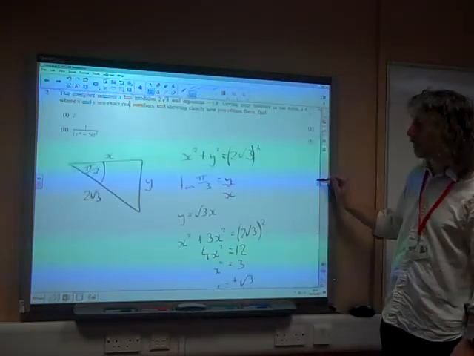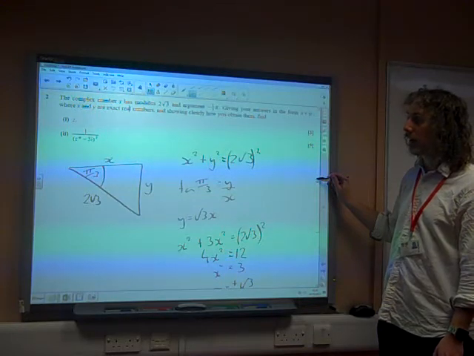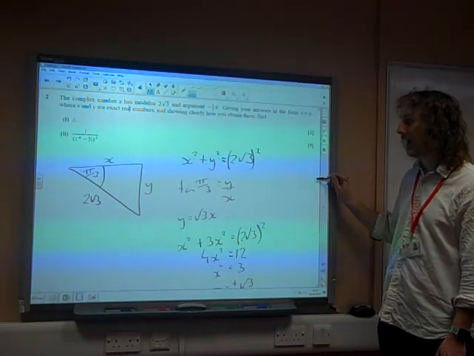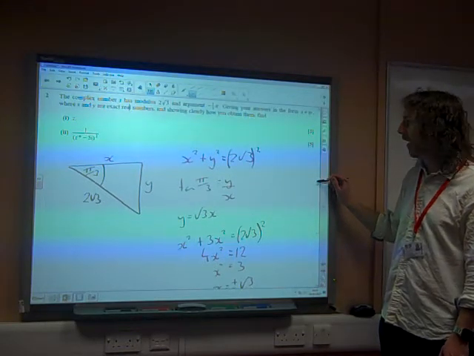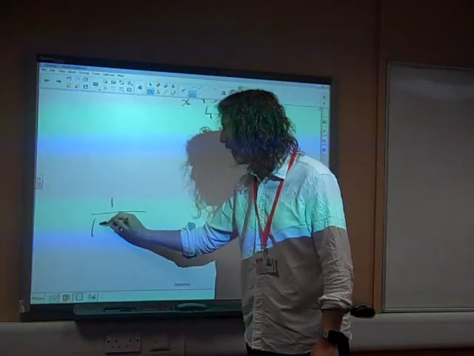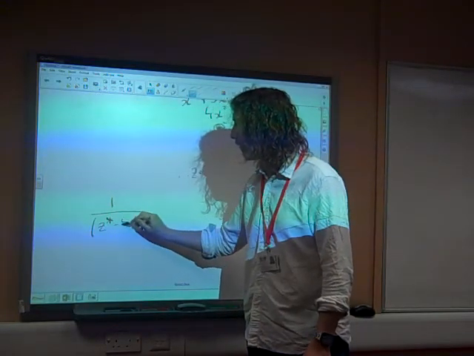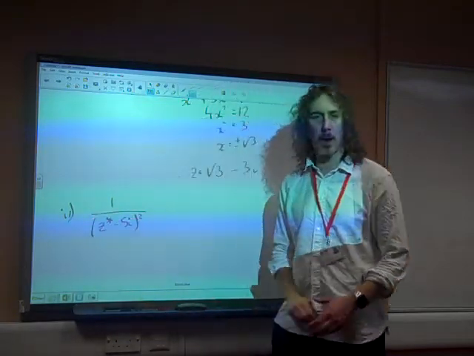Then part 2 says, find 1 over z star minus 5i, all squared. I don't like this question because it's just kind of untidy, lots of algebra to do. So let's think a little bit about where they're giving the marks.